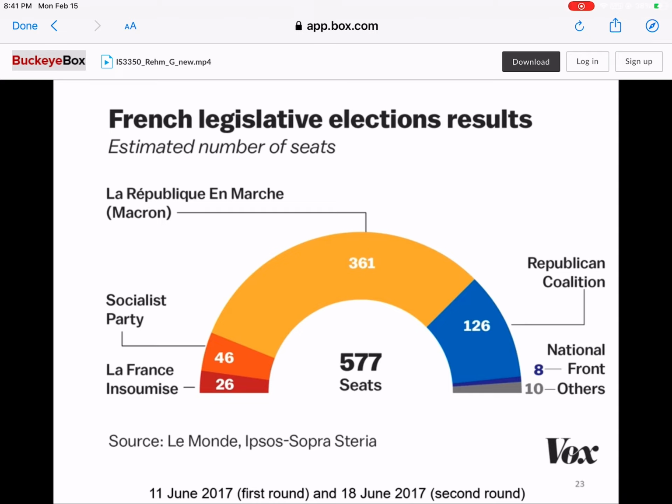In the second round, everybody qualifies that has at least 12.5% of the eligible vote. So the second round is among more than two candidates, although sometimes only one candidate has more than 12.5% of the vote, in which case the candidate with the second most votes advances to the second round.